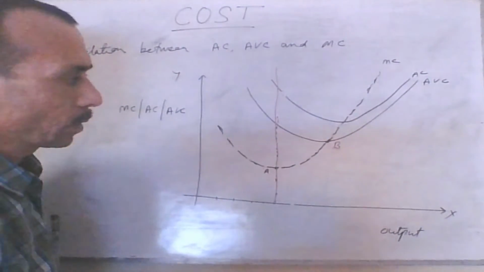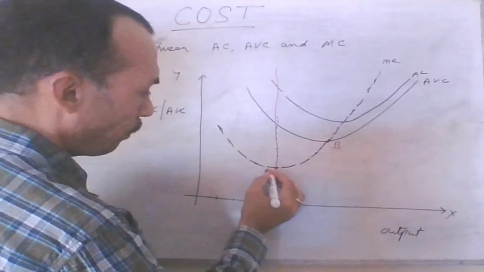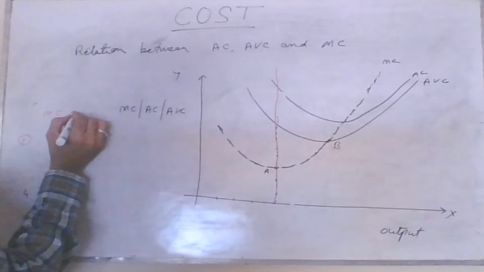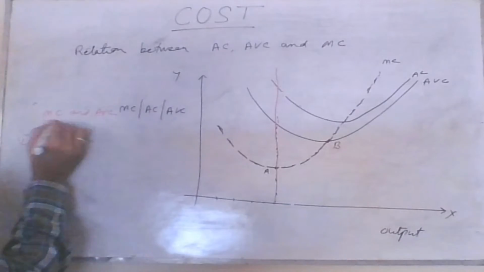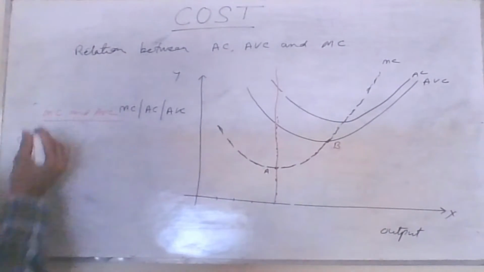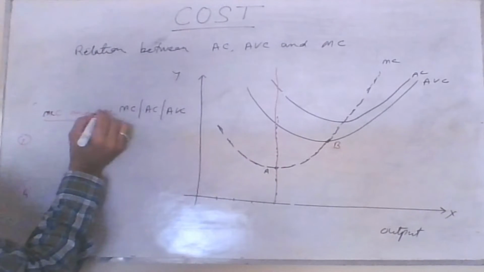So first is the relation between marginal cost and average variable cost, MC and AVC.